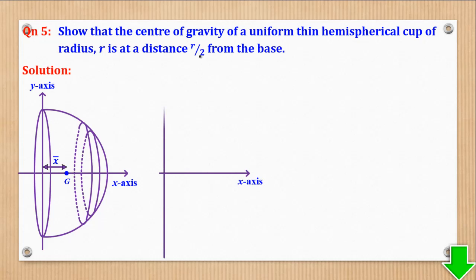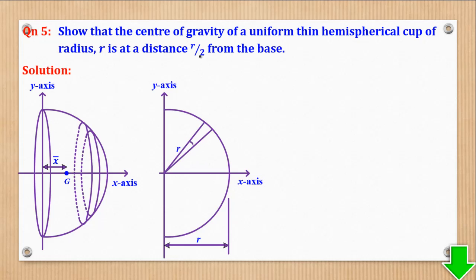So let's first redraw the element on another axis to avoid congestion. That is the radius.